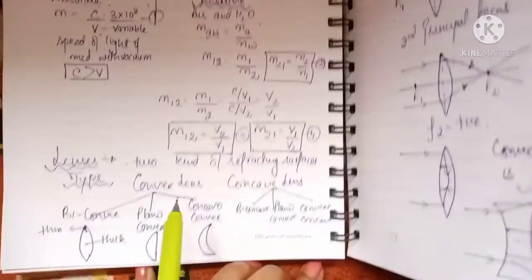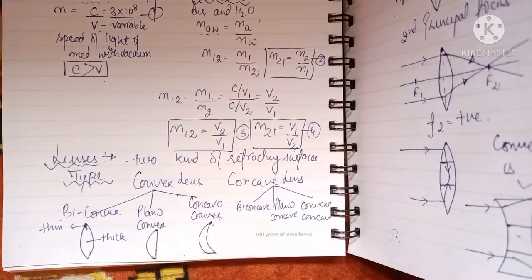Now we have discussed the lenses, which have two kinds of refractive surfaces, and that is termed as your lens: convex lens and concave lens. Convex lens is of three types: biconvex, plano-convex, concavo-convex.